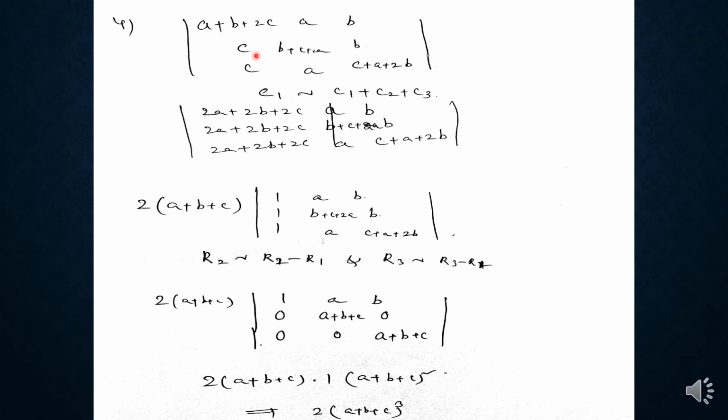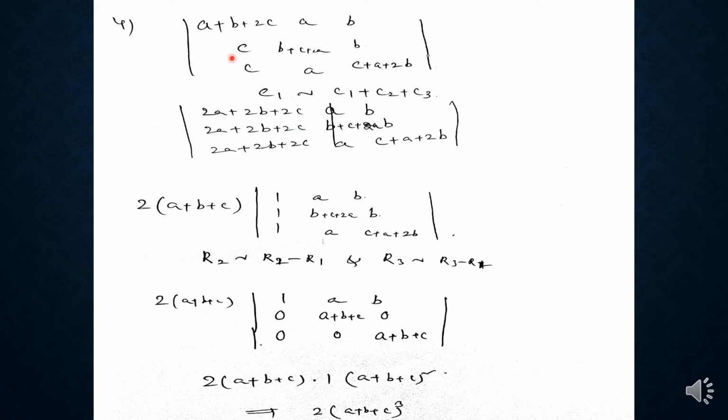Here also C plus B plus C plus 2A plus B. Here also 2A plus 2B plus 2C. So this becomes 2A plus 2B plus 2C.